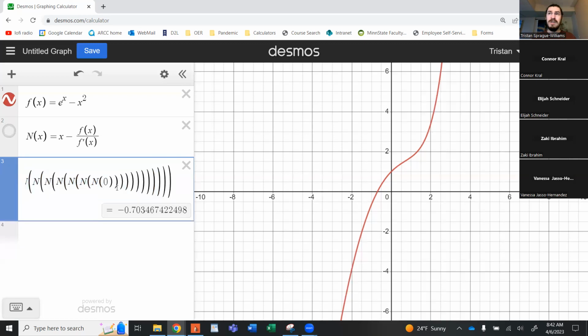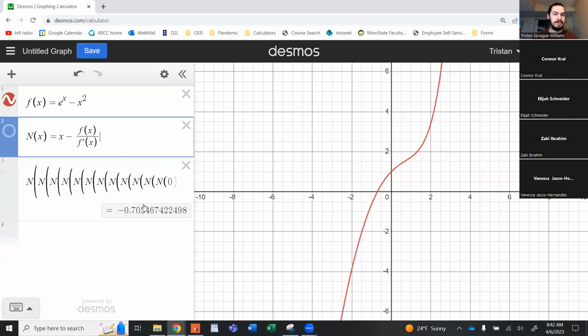I think this counts as a recursion rule or a recursive algorithm in a way, because the output is being plugged back in. So it basically is this long composition of a function with itself over and over again. Kind of cool. So that's quite easy to implement in code and on a calculator.